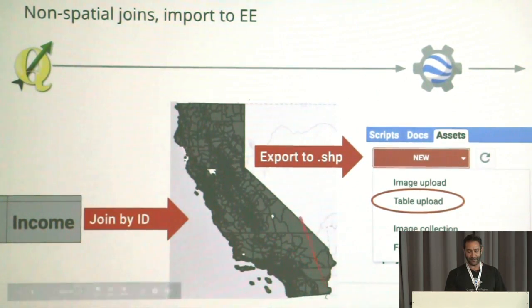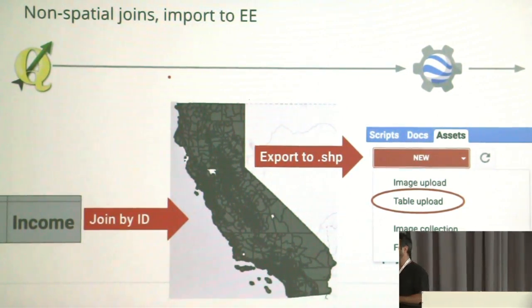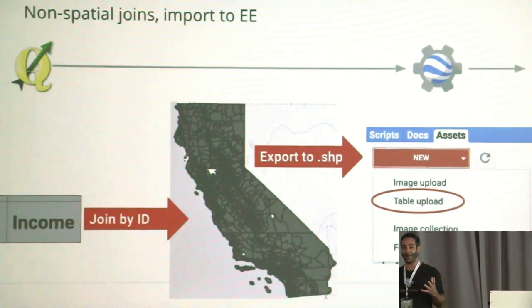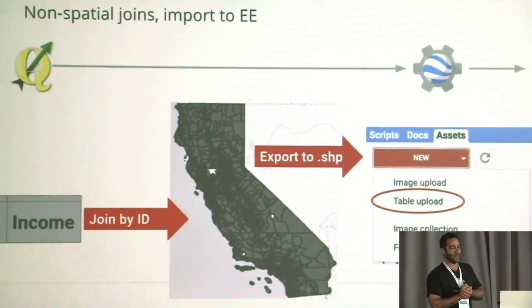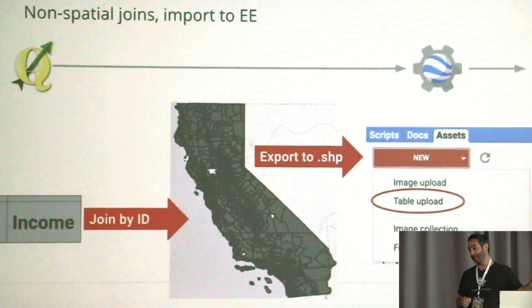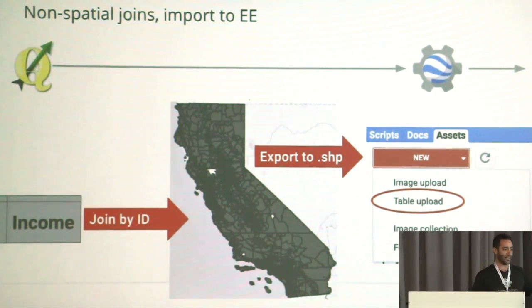Join by ID to this shapefile in the software of your choice. In this case, I used QGIS. The point that I'm making here is that this is a non-spatial join. And non-spatial joins are efficient in QGIS.